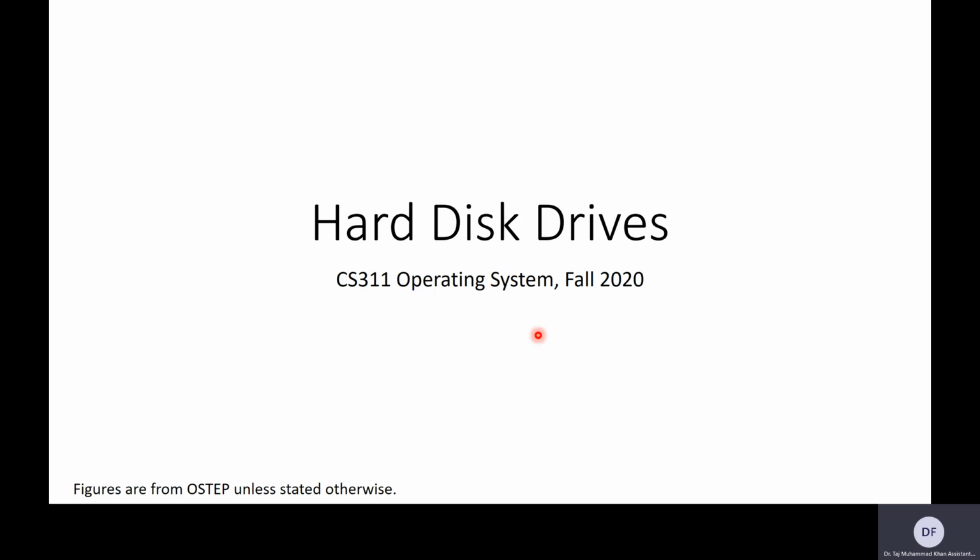We will not study those SSDs, but rather the typical hard disk which has moving parts inside, because even now more than 90% of hard disks are based on rotating devices. So let us see what a hard disk is and how it works.